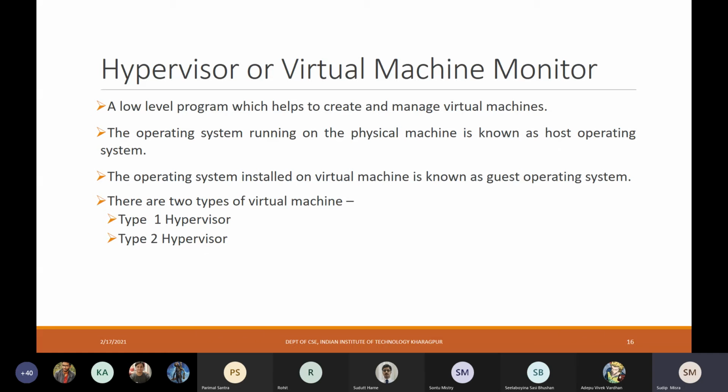The operating system running on the physical machine is known as the host operating system, and the operating system that is installed on the virtual machine is called the guest operating system. So guest operating system is a local one, right? So every virtual machine gets its own different guest operating system.